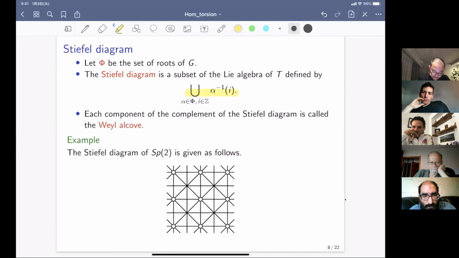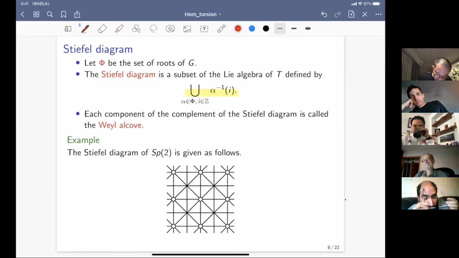For example, the Stiefel diagram of Sp(2) is given like this picture. And the white circle is the integer lattice. And we call each component of the complement of the Stiefel diagram the Weyl alcove.